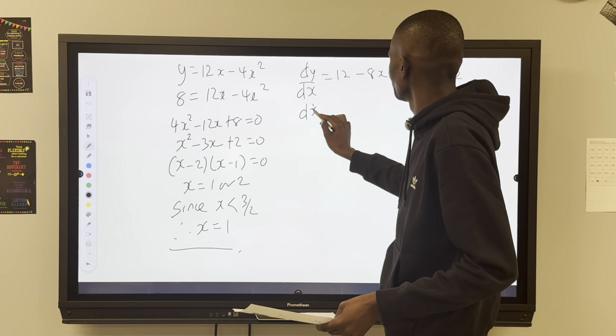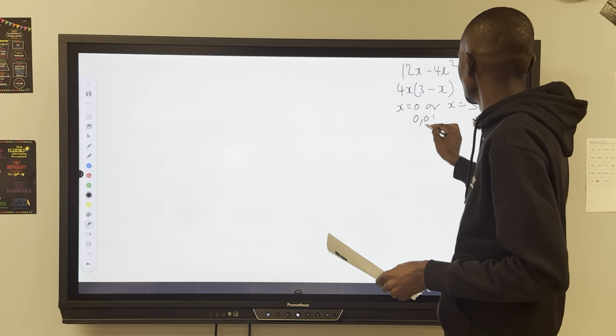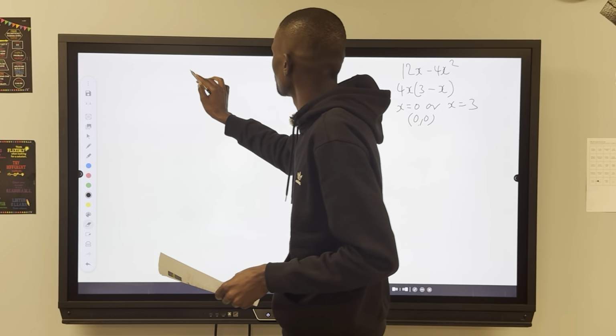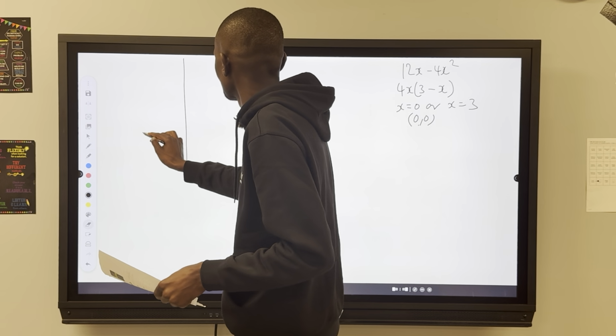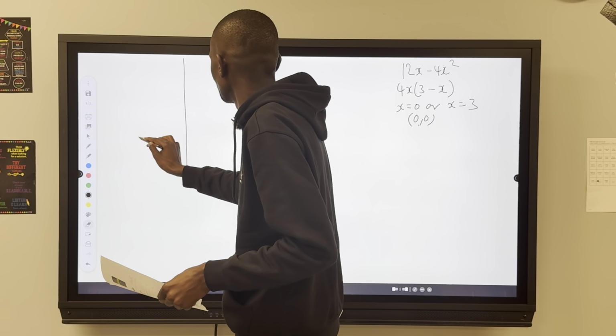So guys, this is what we are given: our equation is 12x minus 4x squared. When I factor this out, I'll get 4x times (3 minus x). Then x is 0 or x is 3. Obviously, when x is 0, y is 0, so it passes through the origin. This is the graph that we need, so we have 0 and we have 3.